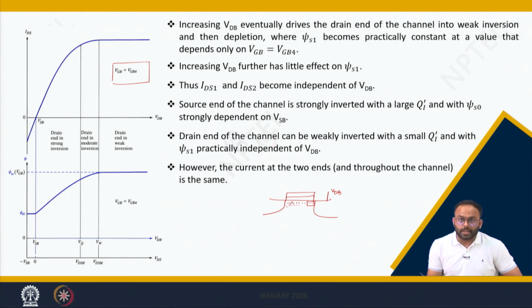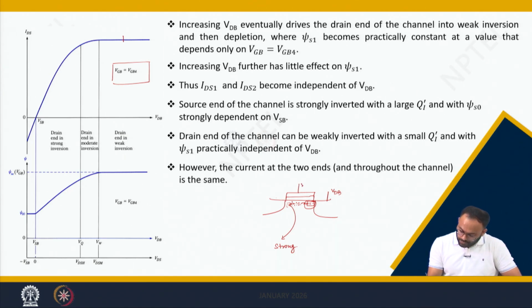So the region of operation, as we have discussed in the previous lecture, can be defined by the heavily inverted side of the channel, which we call strong inversion, even though this side of the channel is weakly inverted. So the carriers will move from this side to this side, and this gives rise to a current which is saturation.